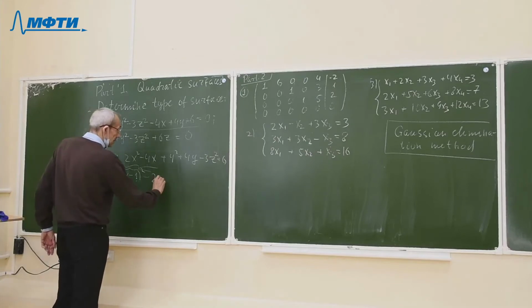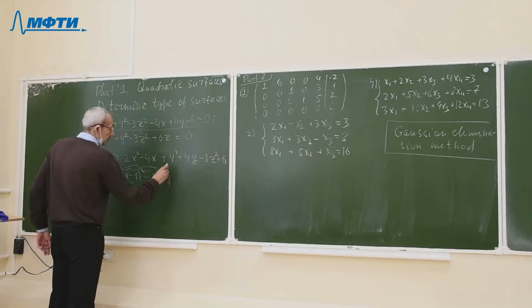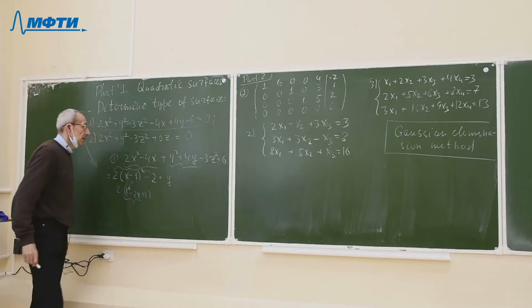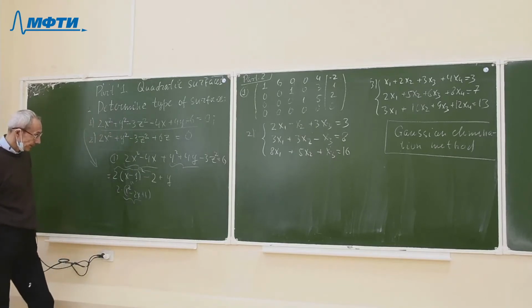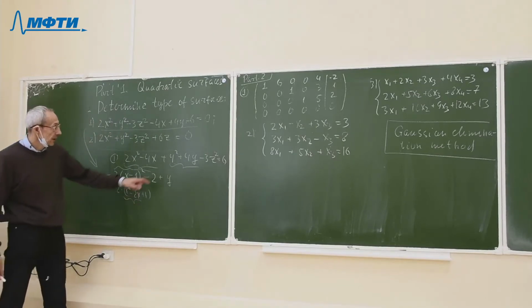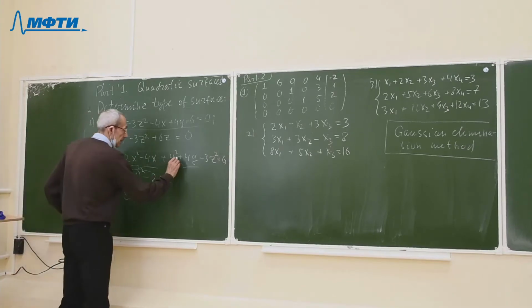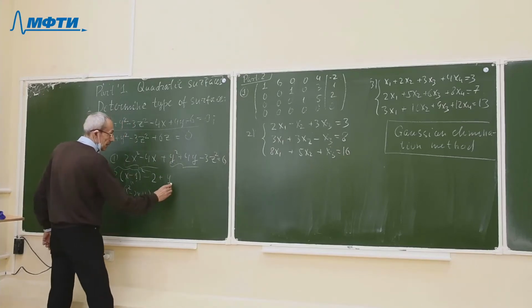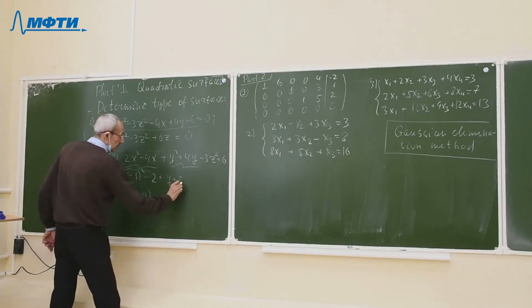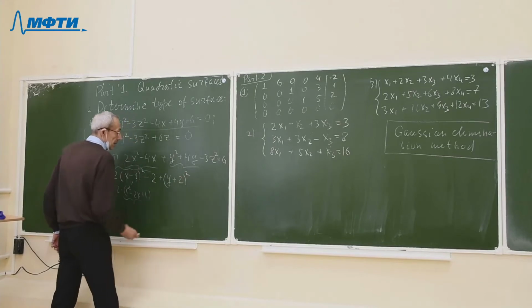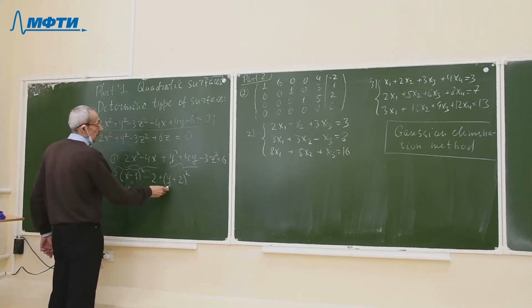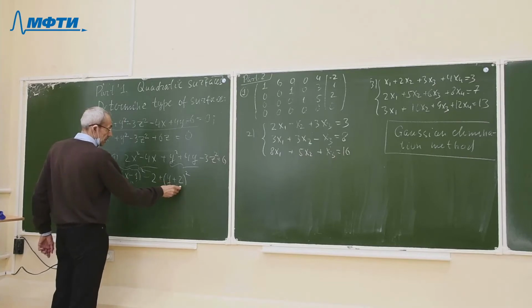The same way we obtain an equivalent expression for the following two terms: y square plus 4y, which is (y plus 2) square, equal to y square plus 4y plus 4.